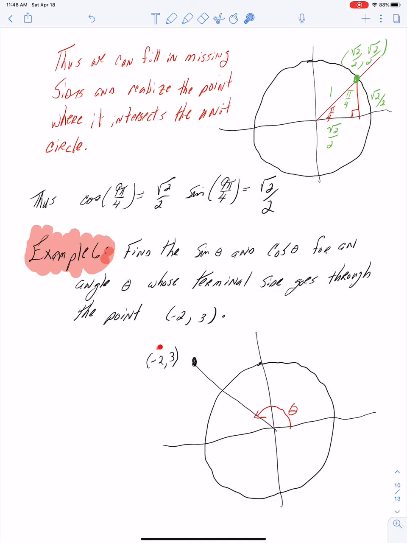So here we go. Minus 2, 3, it's up here somewhere. I take the line from that point to the origin, that defines the terminal side. Once I know the terminal side, that defines this angle here, theta. And I want to figure out the sine and the cosine of that angle.